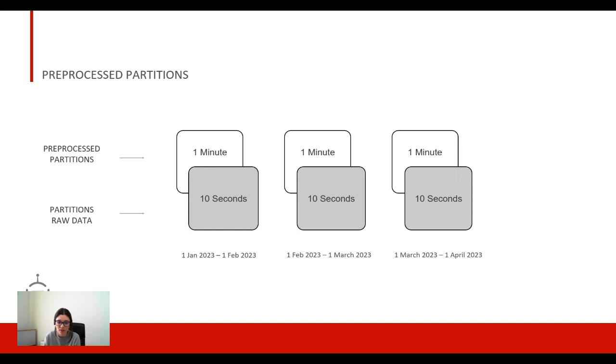Aggregations in the preprocessed partitions are done on a window size, and this window size should not be less than the update rate we have in the raw data. When querying historical data, Ignition has the option to automatically detect which set of partitions should be used so that we speed up the execution time.